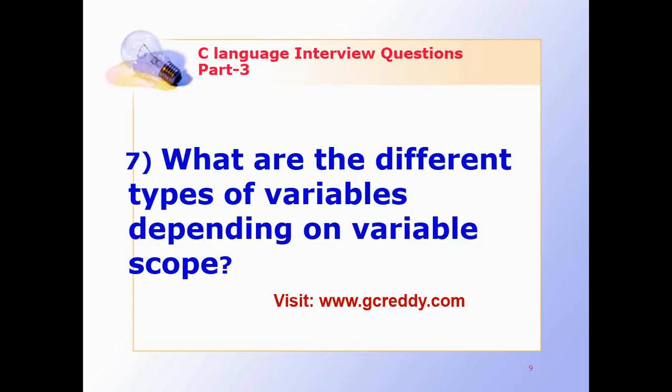Local variables are defined and initialized every time a function containing them is called, and as soon as the compiler exits from that function, the local variable is destroyed.